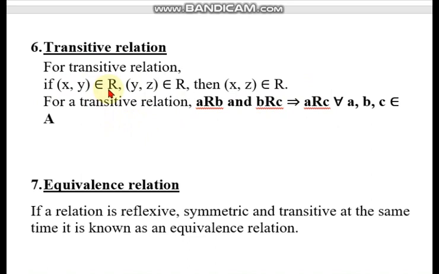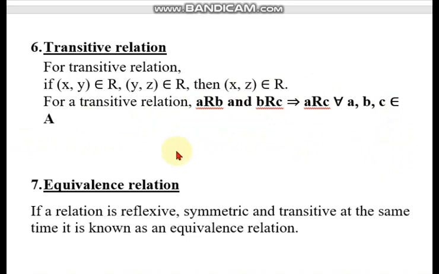We can also consider one example: let us consider triangle ABC is congruent to triangle PQR, and triangle PQR is congruent to triangle XYZ. So can we say that triangle ABC is also congruent to triangle XYZ?